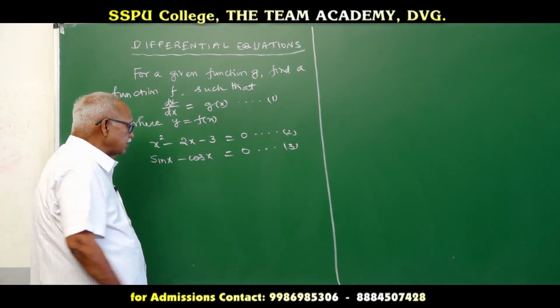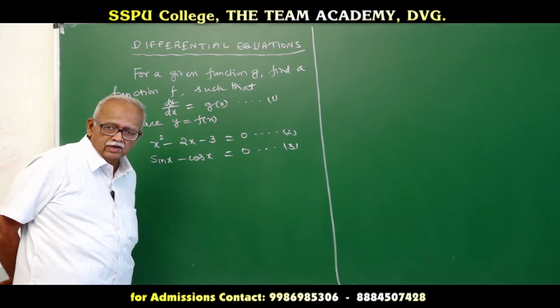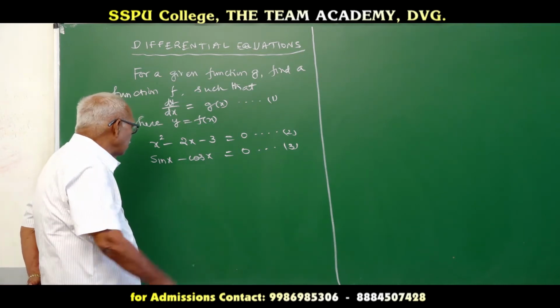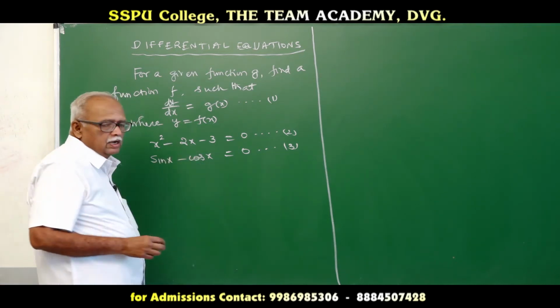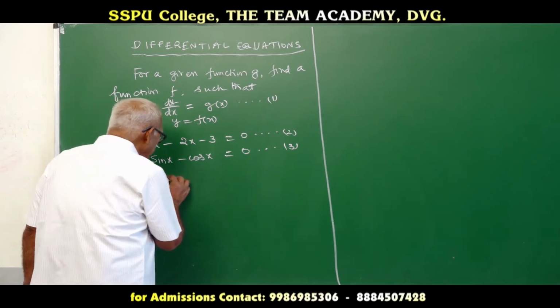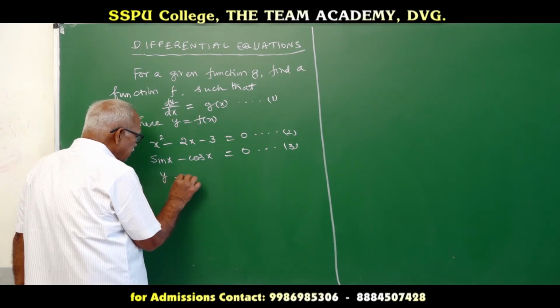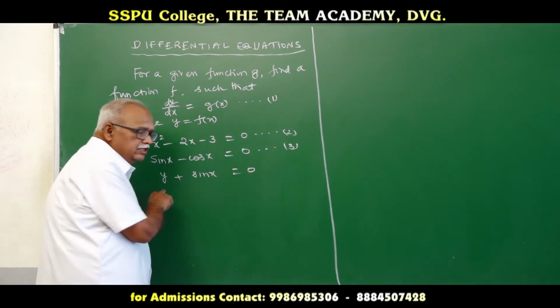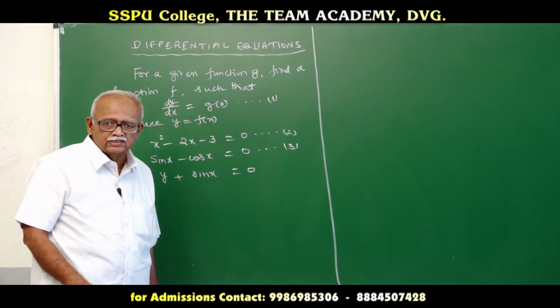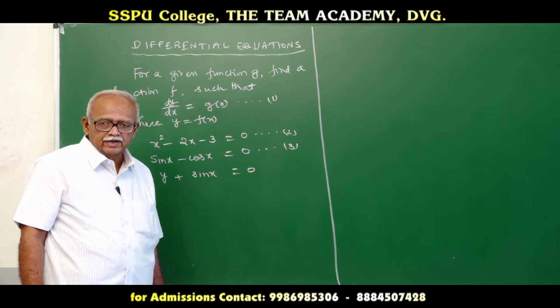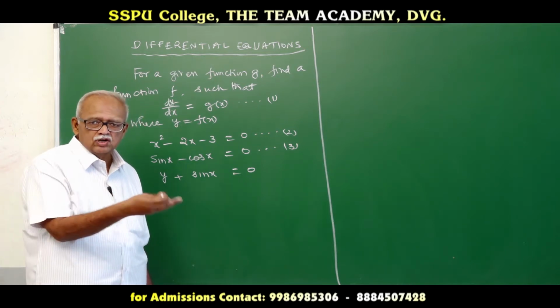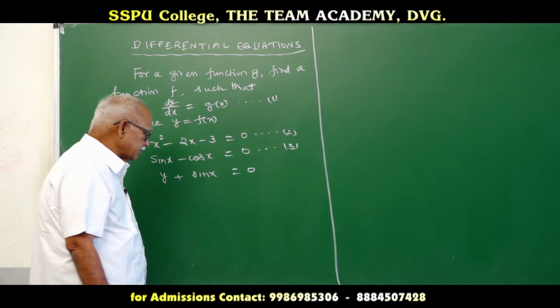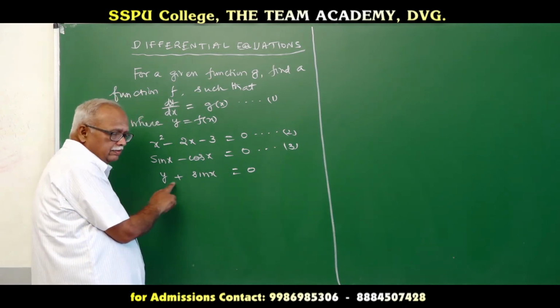In these equations we are finding only the independent variable, or sometimes we may get a dependent variable. y is called the dependent variable and x is called the independent variable, because y depends on the value of x.